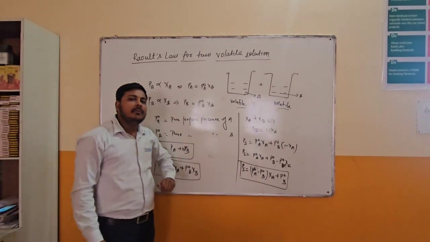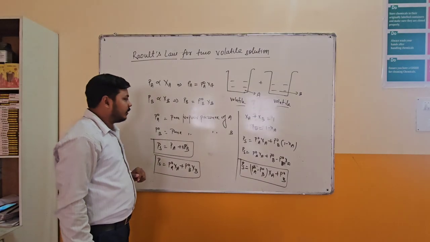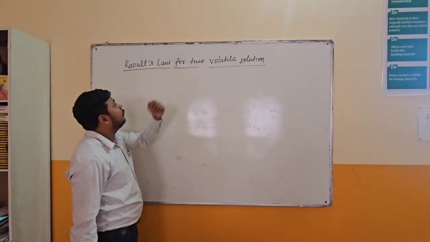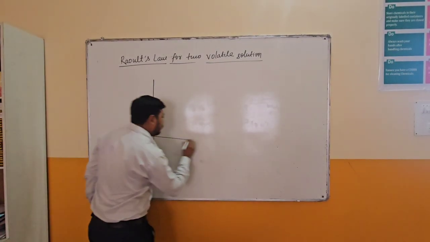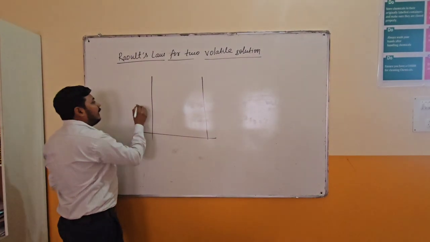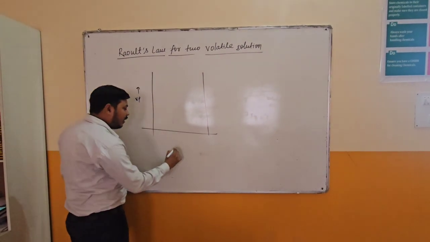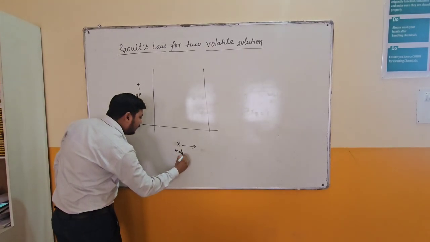Again, a graph is drawn for this equation. Let us see the graph for Raoult's law for two volatile solutions. On the y-axis we represent the vapor pressure, and on the x-axis we represent the mole fraction, right?